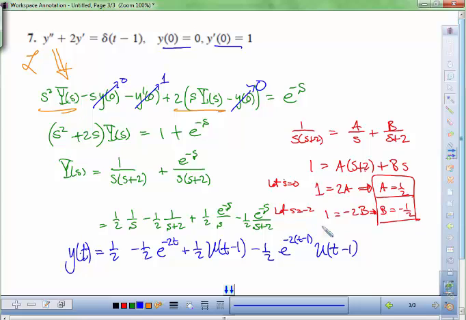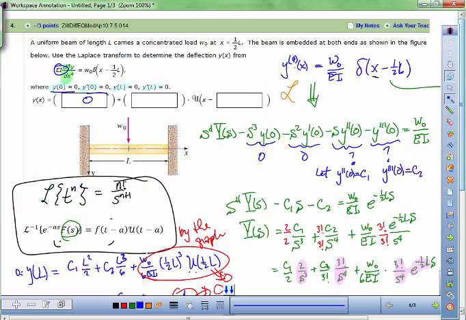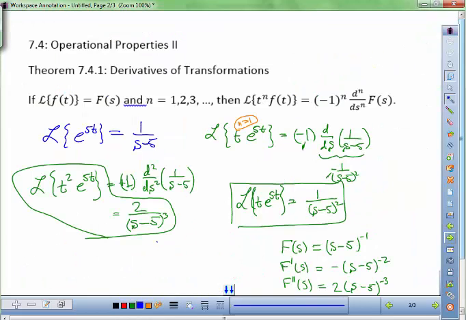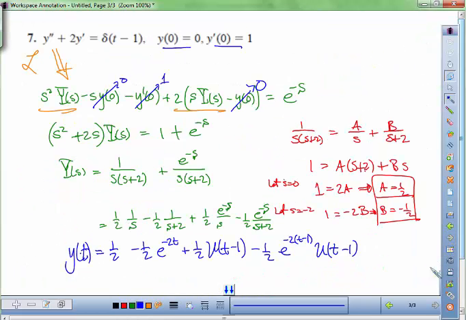So whenever it has the Heaviside function, you have to check that the f function in the real world gets shifted also. And I think that should be it.